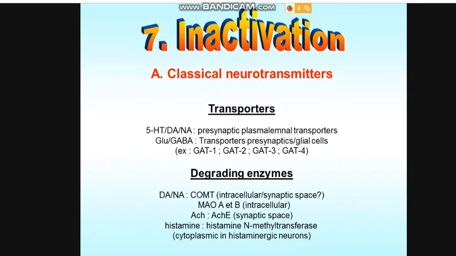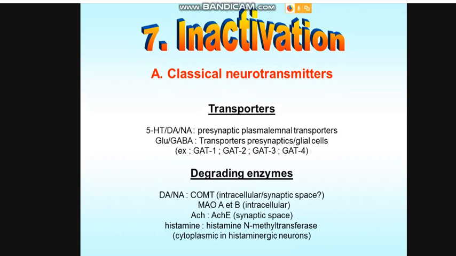I don't know, but still, this enzyme is responsible for the methylation of dopamine and noradrenaline degradation. We have also monoamine oxidase, A and B, which is intracellular, expressed by cells and which is on the external membrane of the mitochondria.